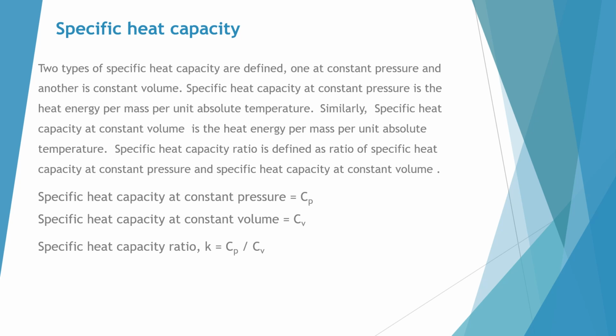Specific heat capacity ratio is defined as the ratio of specific heat capacity at constant pressure and specific heat capacity at constant volume. So specific heat capacity at constant pressure is Cp and specific heat at constant volume is Cv. So specific heat capacity ratio K is equal to Cp by Cv.